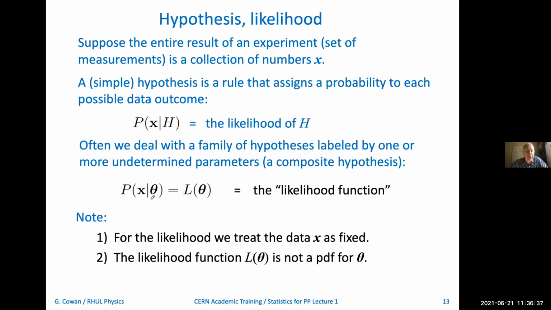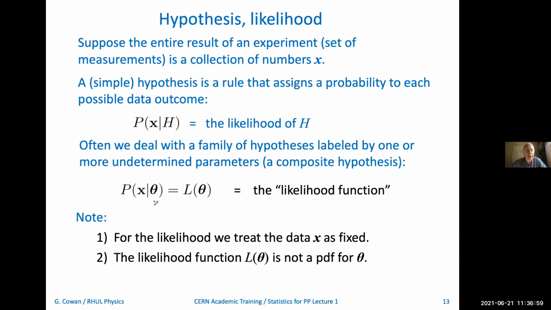And so usually I'll use a Greek letter for such parameters. So then I would write P of x given, and I'll write whatever parameters there are. And so that means that in order to actually say what the probabilities for the data are, I have to specify the value of the parameter. So this is not a simple hypothesis, it's what I'll call a composite hypothesis.